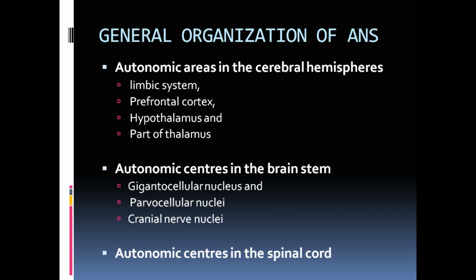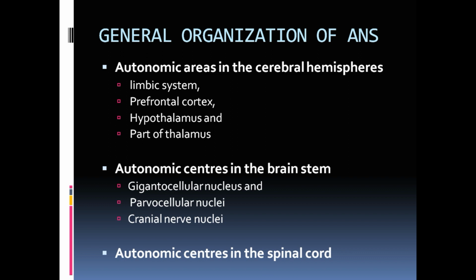The second output comes from autonomic centers in the brain stem. There are the gigantocellular nucleus and the parvocellular nucleus, which are parts of the reticular activating system. Apart from that, there are cranial nerves which contribute to the parasympathetic nervous system.